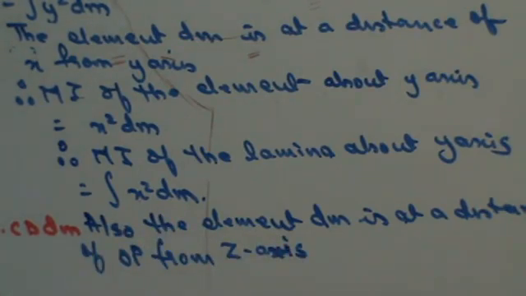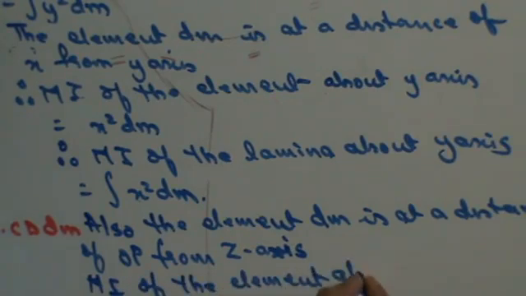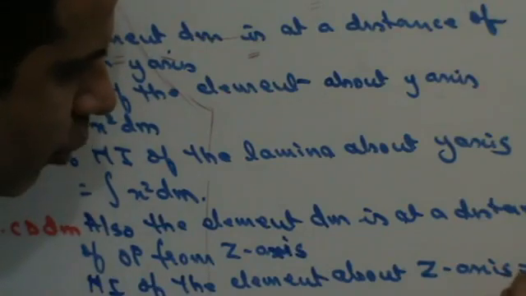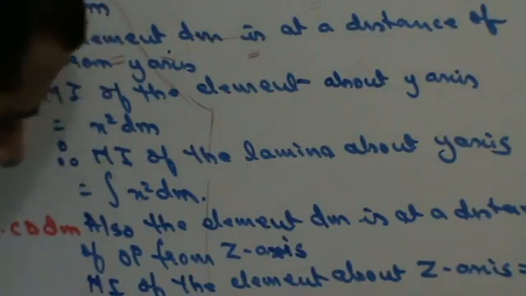Then the moment of inertia of the element about the z axis is going to be nothing but OP square into dm.